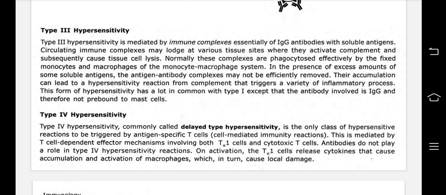In the presence of excess amounts of some soluble antigens, the antigen antibody complexes may not be efficiently removed. Their accumulation can lead to hypersensitivity reactions from the complement that triggers a variety of inflammatory processes. This form of hypersensitivity has a lot in common with type 1, except that the antibody involved is IgG and therefore not bound to mast cells.